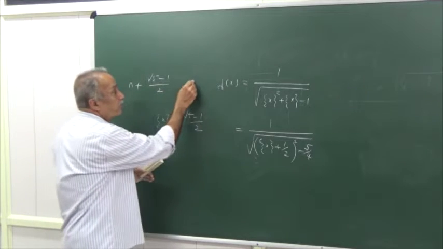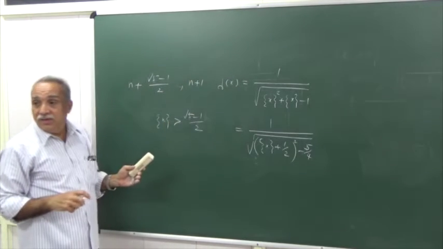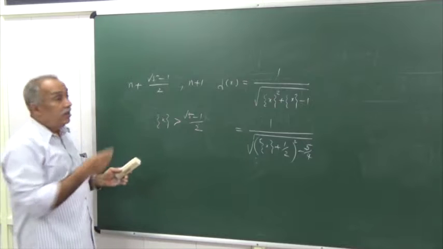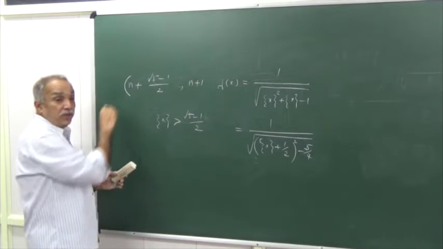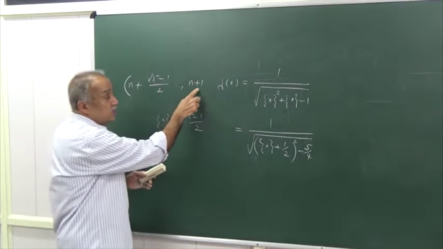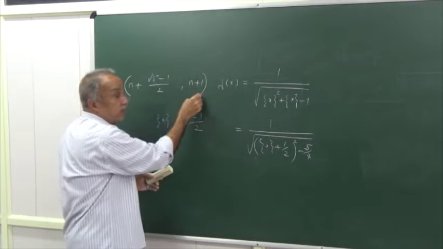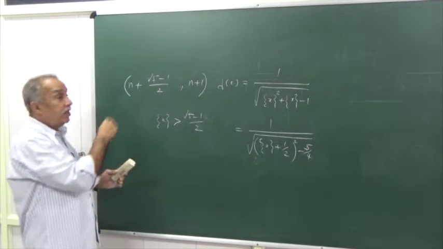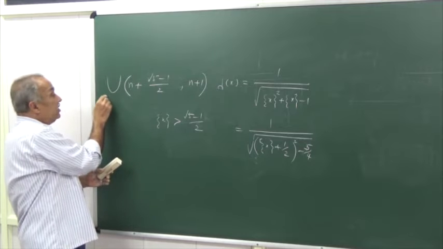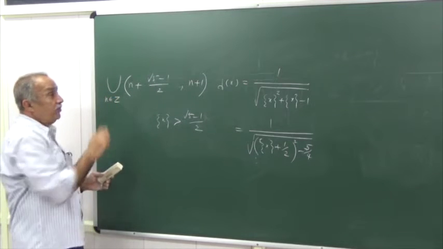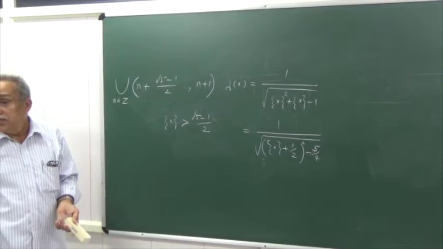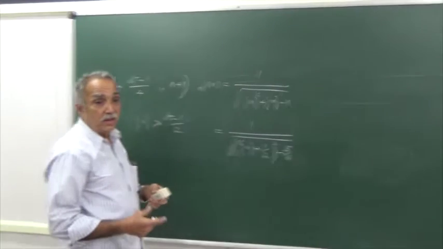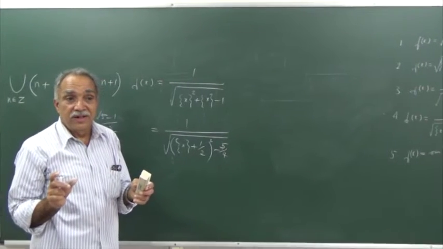Next integer. Okay. We need that expression to be strictly greater than 0. This value is never reachable by the fractional part. Take a union of all such intervals as n ranges over the set of integers. What you have obtained is the domain of the function. Okay? Is it clear?